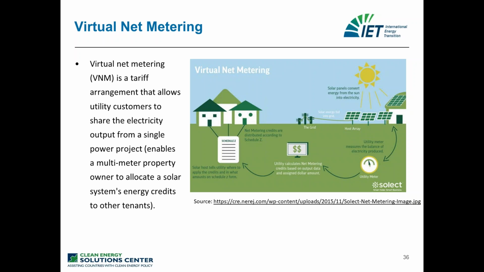Sometimes this is also limited, so that you can only do virtual net metering in a certain defined geographic area, which normally reflects some grid constraints, some grid congestion that you might have, so that you really just use the electricity grid as a storage unit where you don't have any congestion. You can make virtual net metering as big and as complex as you want.